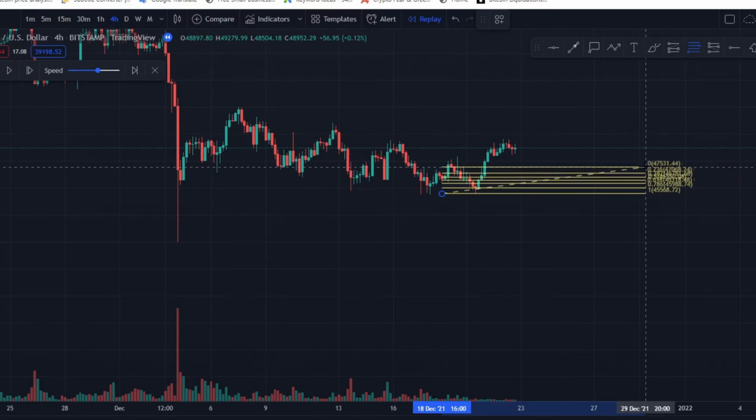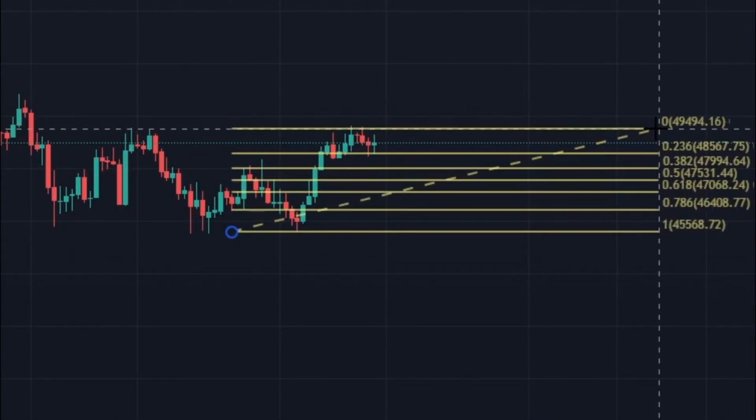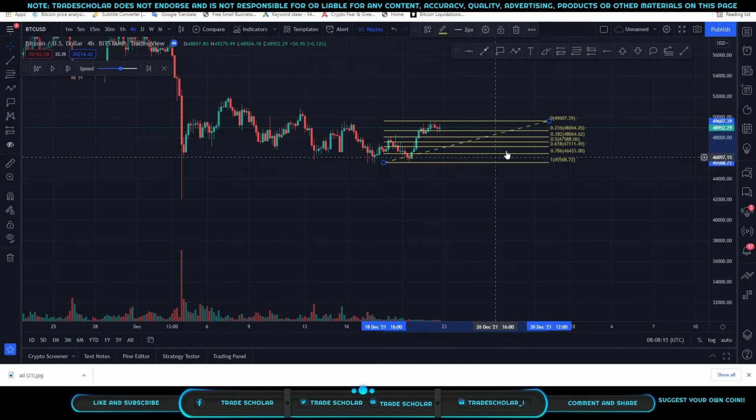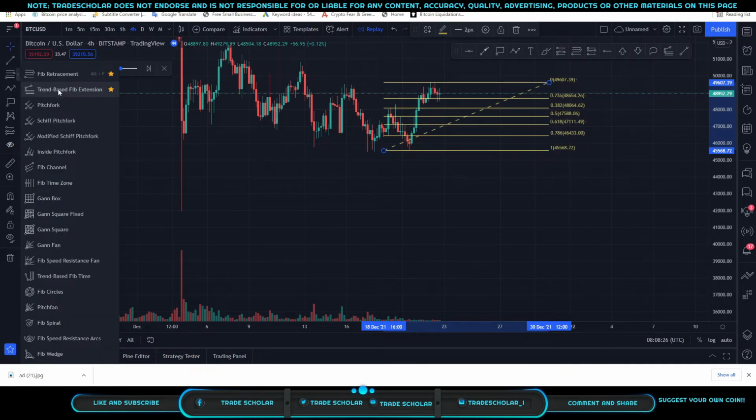Okay, we have seen the swing high. This is the swing high. We will now wait for the retracement. Will it retrace in 0.382, 0.5, or 0.618? We will pull out now the trend-based fib extension.